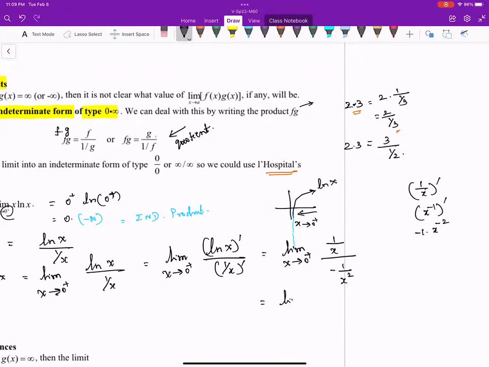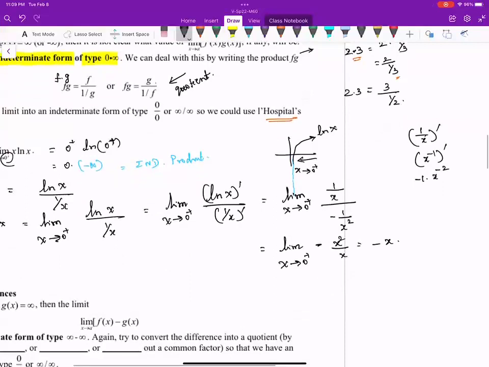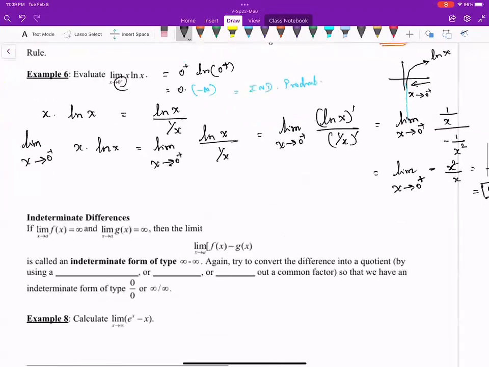So the limit as x approaches 0 from the right: if you simplify, it becomes x squared over x, which is negative x. Because x is approaching 0 from the right or left, it has to be equal to 0. So the value of the limit is equal to 0. So the indeterminate product actually has a value which is equal to 0.